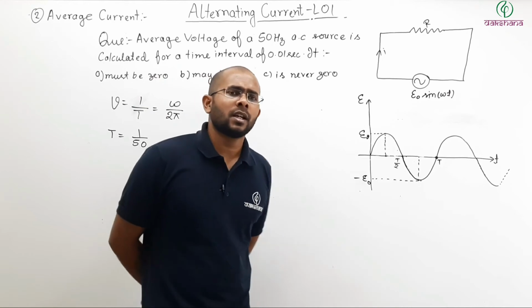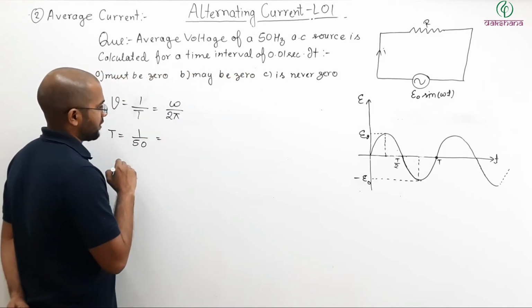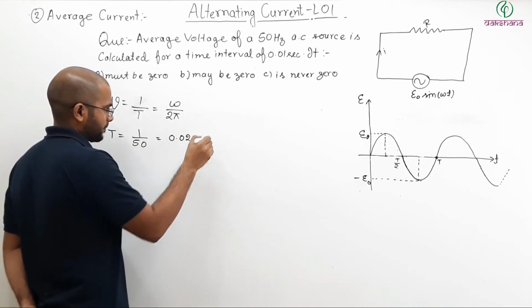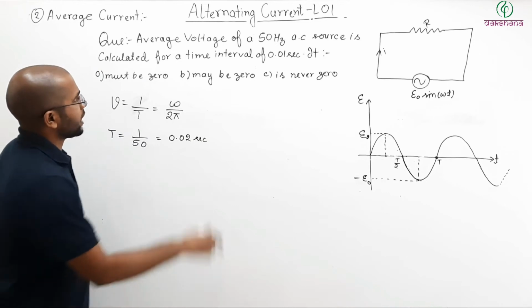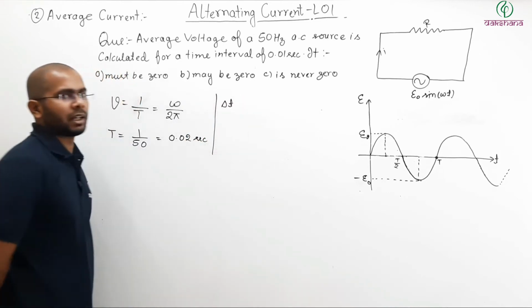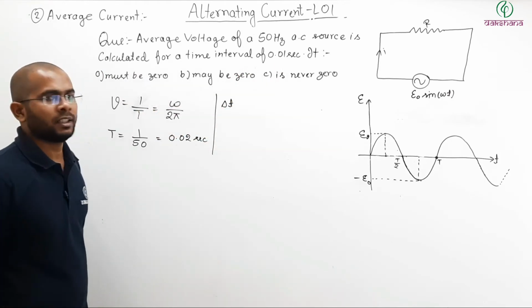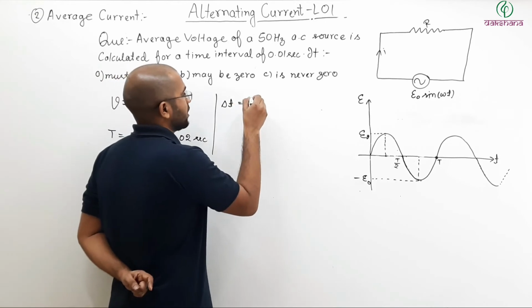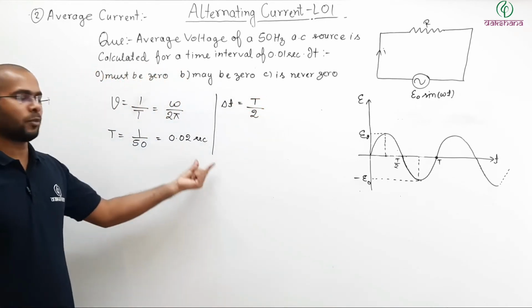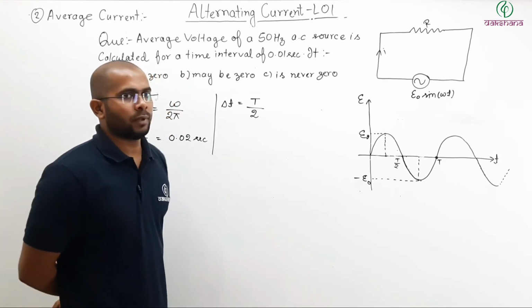So 1 by 50 is 0.02 seconds. So here you can say that my delta t, the time interval for which I have to find average current, that is 0.01 second, which is nothing but time period divided by 2, because your time period is 0.02 second.